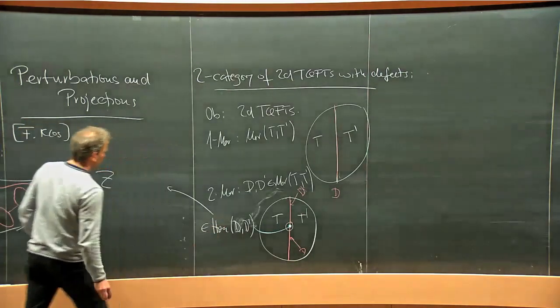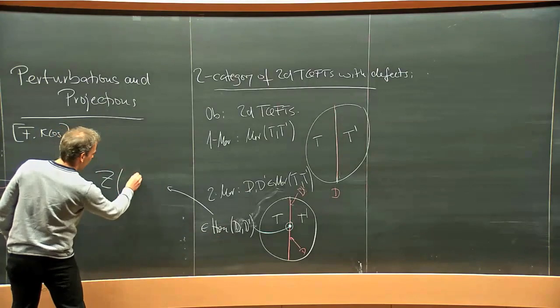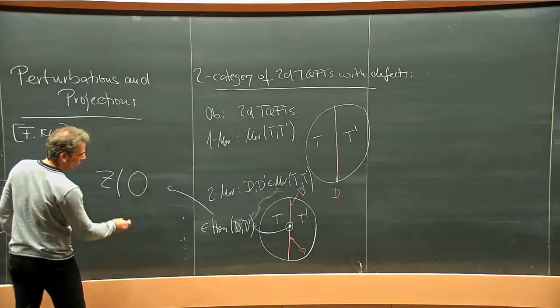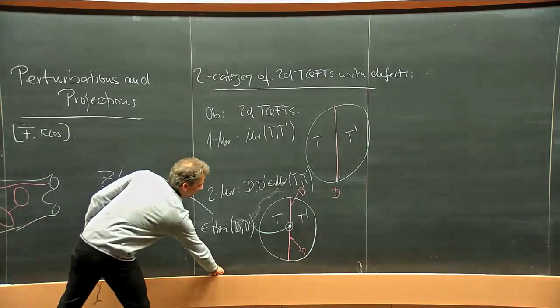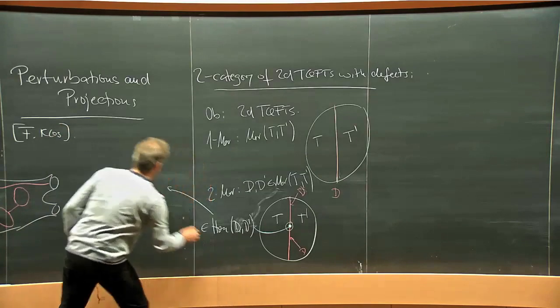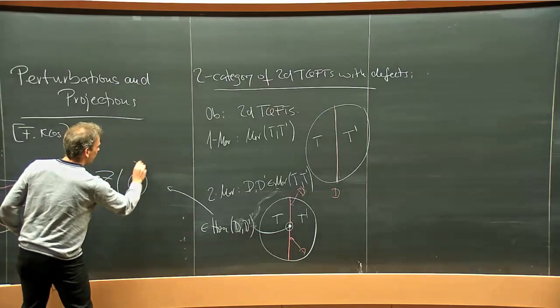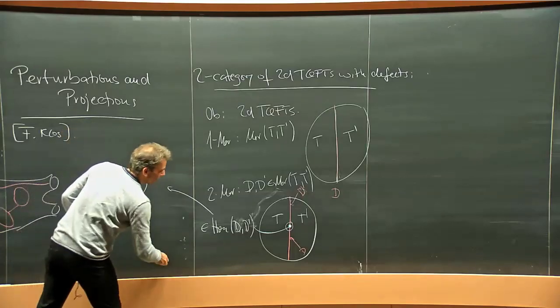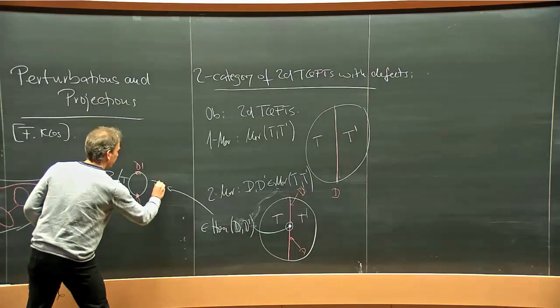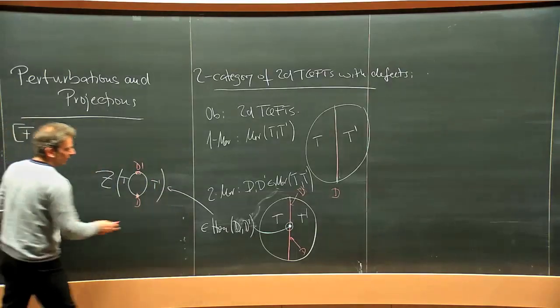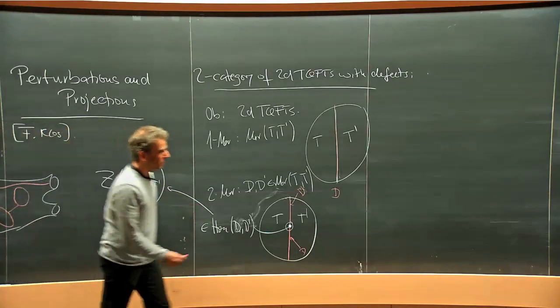And this space here is nothing but Z applied to the object now, which is just a circle with 2 points corresponding to these defects here. So the circle is labeled by D prime, D and 2 theories on both sides. Okay, so this is nothing but this space of homomorphisms.